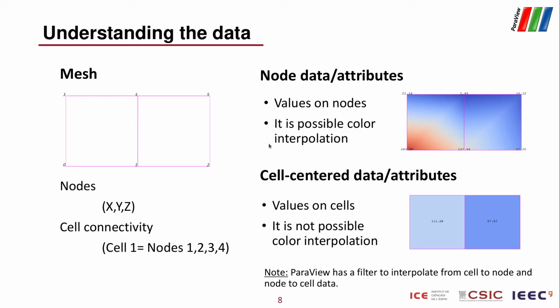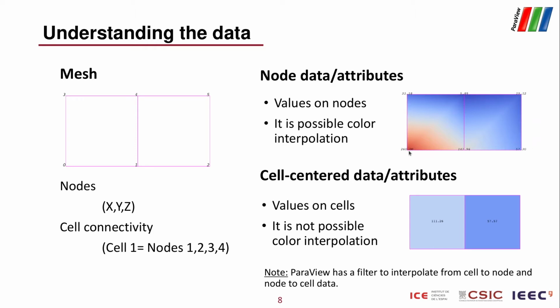And on the other hand, we have the data or the attributes. And this data can be specified on nodes or on cells. In the first case, here on the top, we can see that each node has a point and a specific data.